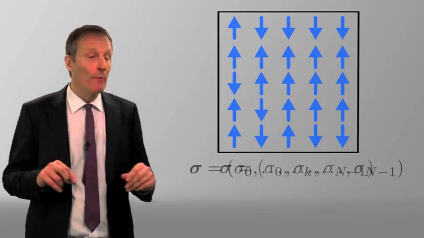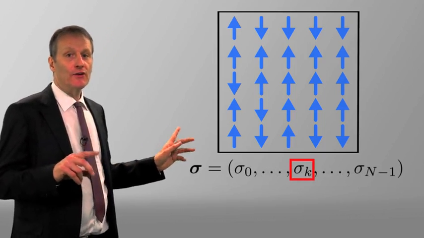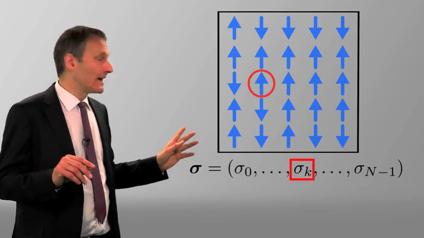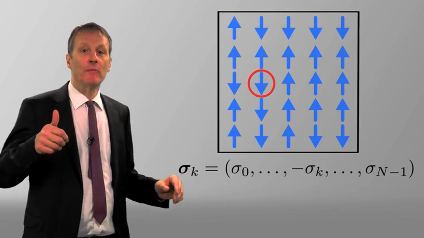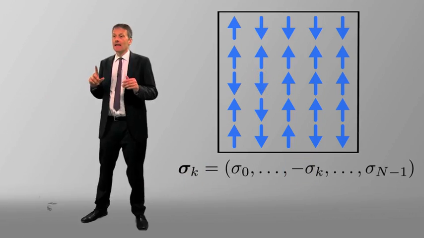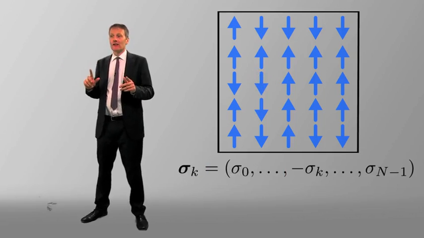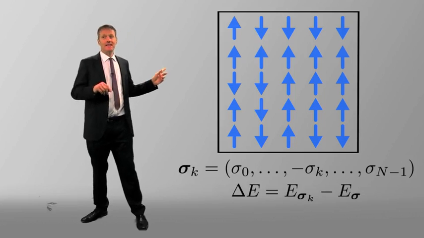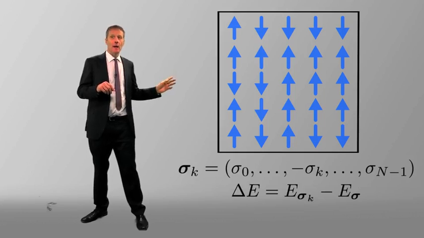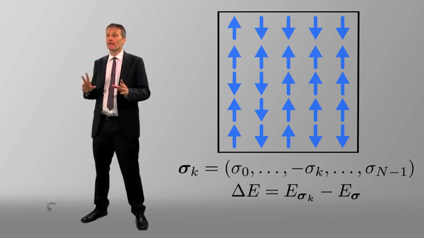And we denote by sigma_k the configuration that comes out of sigma by flipping the spin number k. The energy change that is associated with this spin flip is delta E equals the energy of sigma_k minus the energy of sigma.